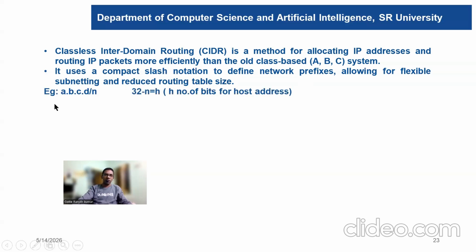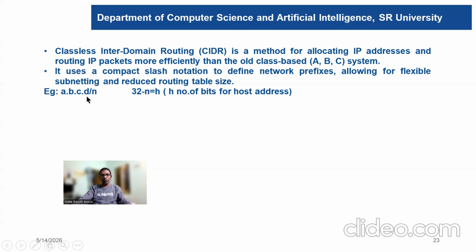So let us take an example here. This is one general form of the IP address: a.b.c.d/n. An IP address has 4 octets. Those octets I'm representing as a, b, c, d, and each octet is separated by a dot. So n represents the network prefix.